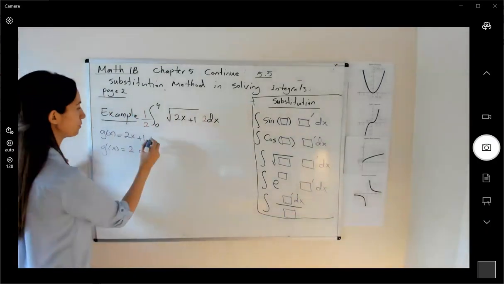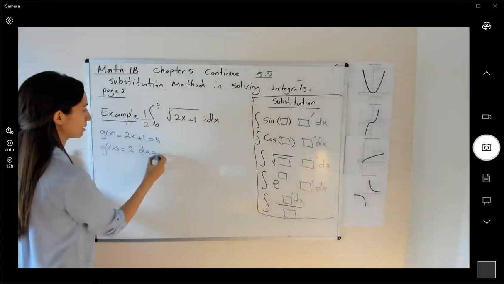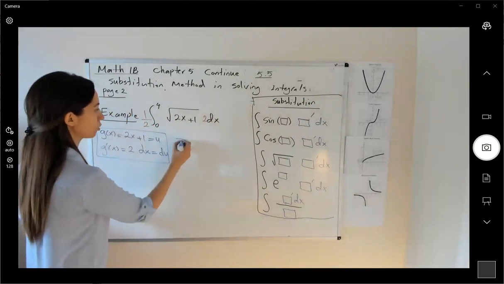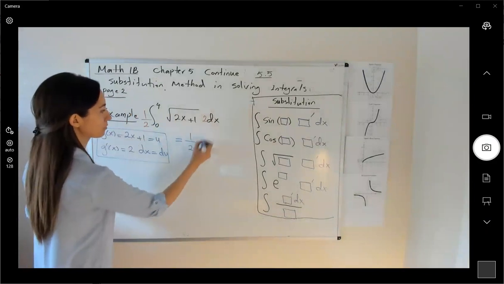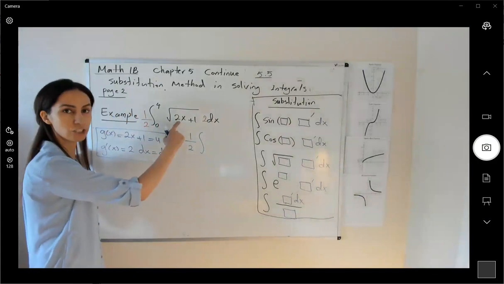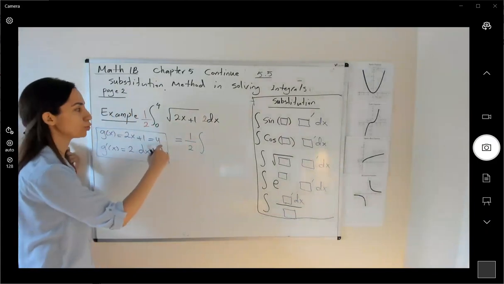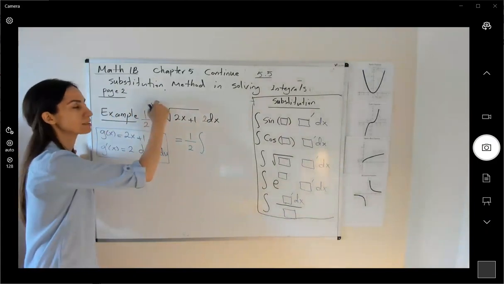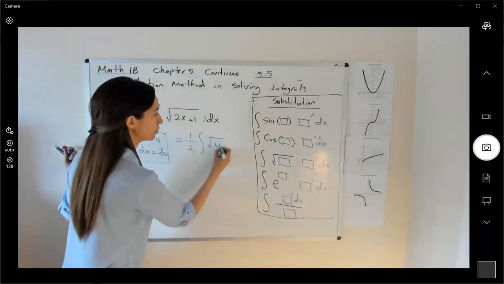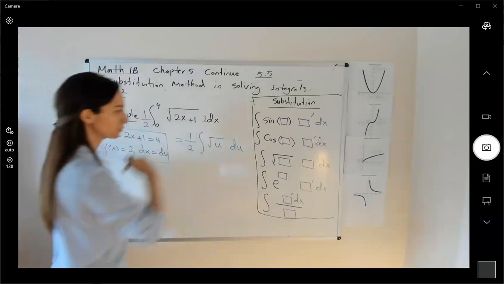This is equal to u and this is equal to du. So your integral is a half integral. Guys, we are changing x into u. We cannot have 0 and 4. This is the integral of root u du.